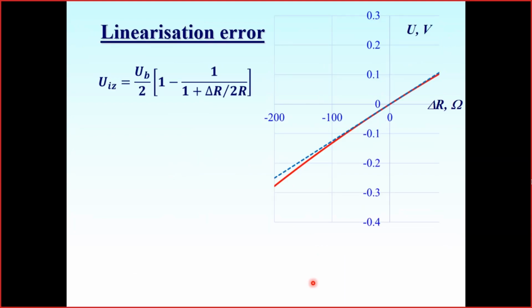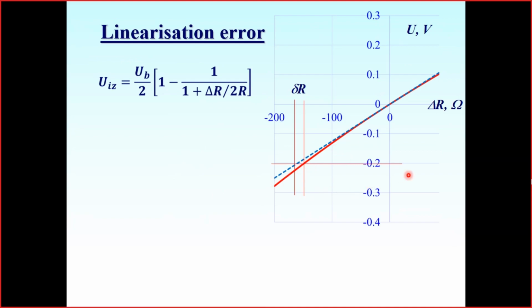We may then estimate the linearization error. The linearization error is the error that we get for a change in actual resistance delta R by replacing the actual red line with a nominal line.